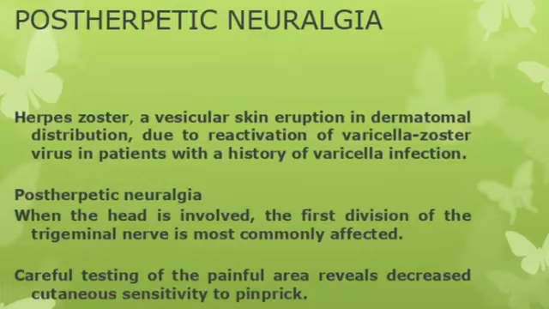Careful testing of the painful area reveals decreased cutaneous sensitivity to pinprick. The other major complication of trigeminal herpes is decreased corneal sensation with impaired blink reflex, which can lead to corneal abrasion, scarring, and ultimately loss of vision.